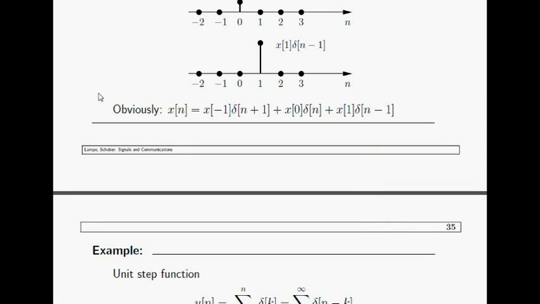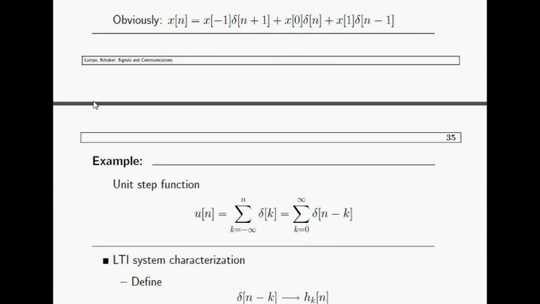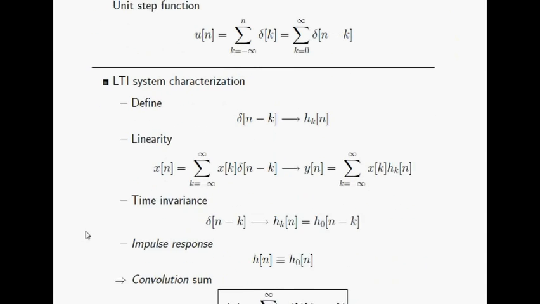This was the observation I told you, that any signal can be represented as a superposition of unit impulses. The unit step function is also an example of this, where we sum the unit impulse function from 0 to infinity to get u[n].